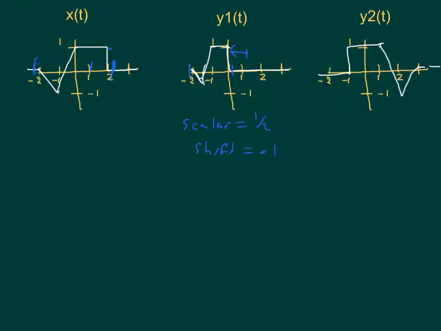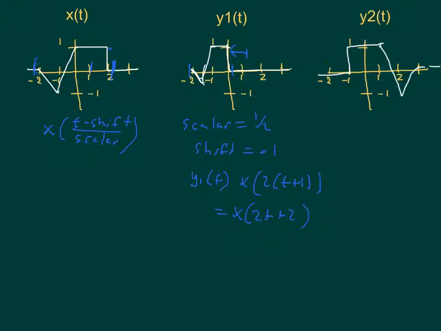If we look at our base equation, it's x of (t minus shift) over your scalar. So we can see that y1 of t is just going to equal x of 2t plus 1, which is also going to just equal x of 2t plus 2.